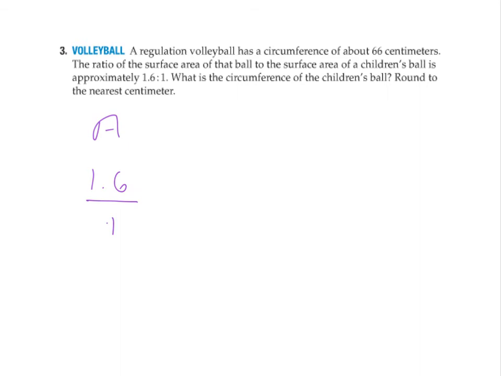I want to compare the circumferences of the two balls. The circumference is a linear measurement, so I'm going to take the square root of both top and bottom to get my linear measurement. The square root of 1.6 is approximately 1.26. I did use my calculator for that, and the square root of 1, of course, is 1.